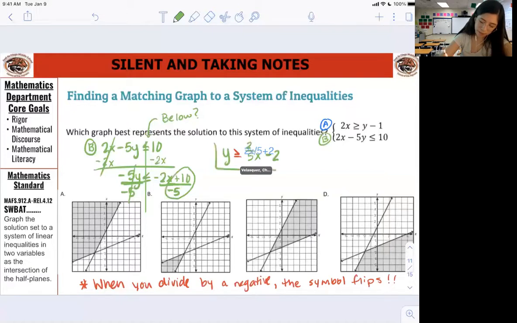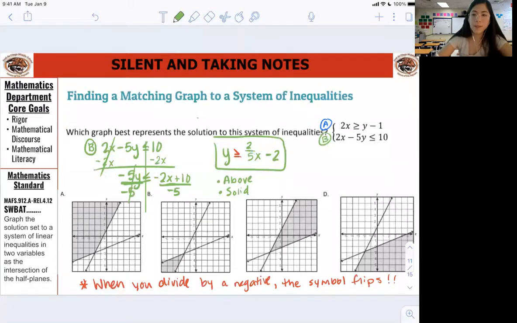So here's my final inequality. So don't let it trick you. We thought it was going to be below, but it ended up actually being above. Above, solid, and the y-intercept is negative 2.